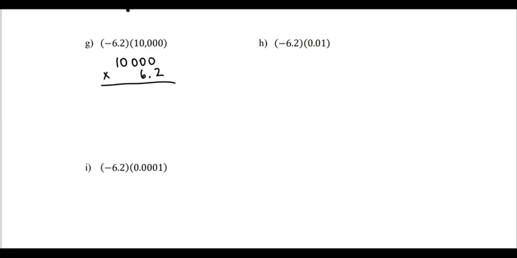So again, we have 0, 0, 0, 0, 2, and we have 0, 0, 0, 0, 6. Okay, 0, 0, 0, 2, 6. And I only need 1 zero behind the decimal point. So I have negative 62,000.